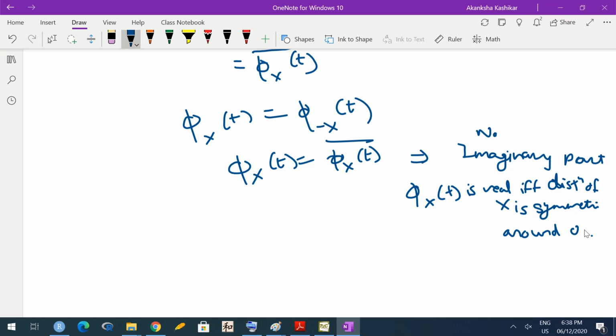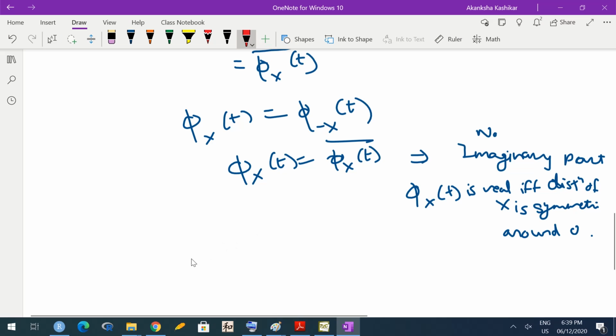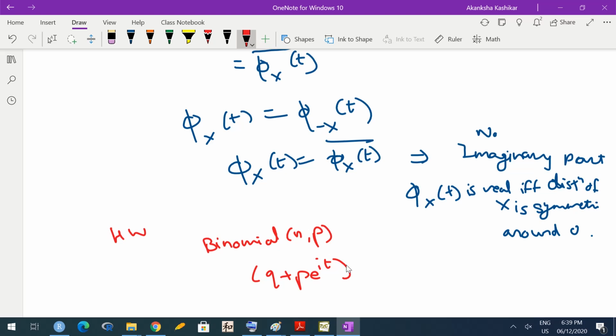Now homework is, you can try to derive the characteristic function of a few common random variables, for example normal or exponential, etc. Let me write down a couple of formulae which you should try to prove. For example, for discrete, if I consider binomial(n, p), then the characteristic function is (q plus p e raised to it) raised to n.